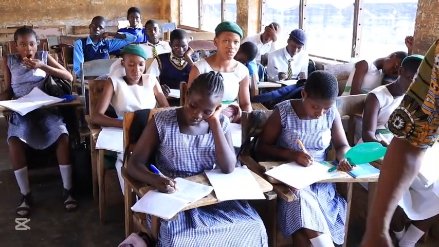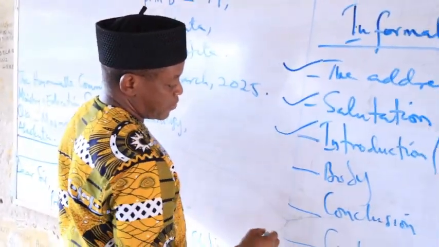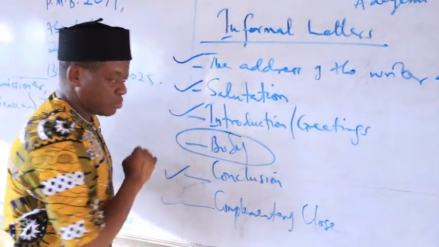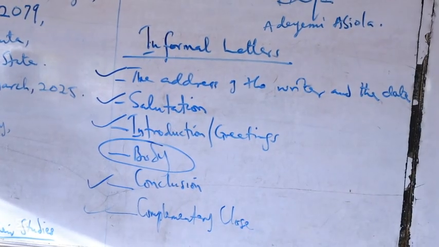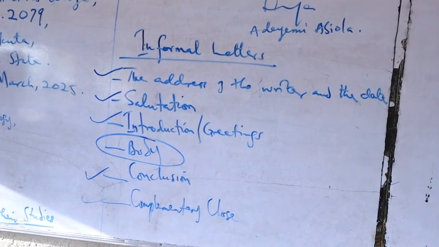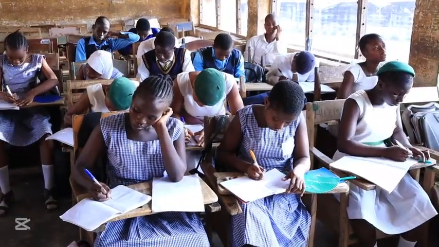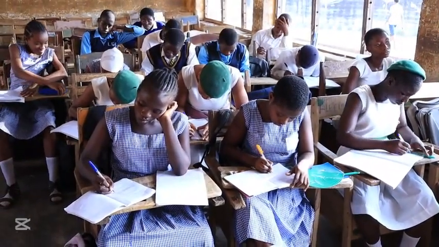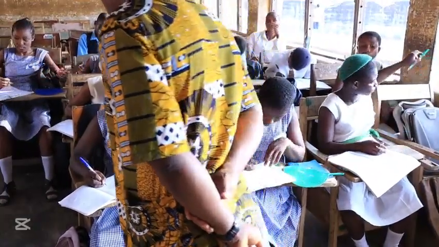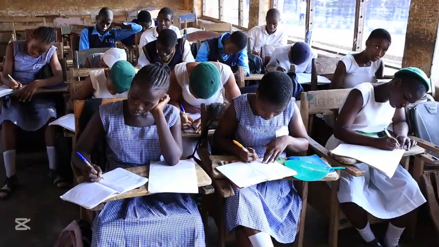I want you to write the first step, second step, third step, then the last two, so leaving the body for discussion later. The first step, the second step, the third step, the conclusion, the complimentary close. The same type of address you need for the formal letter is allowed to be written for an informal letter.